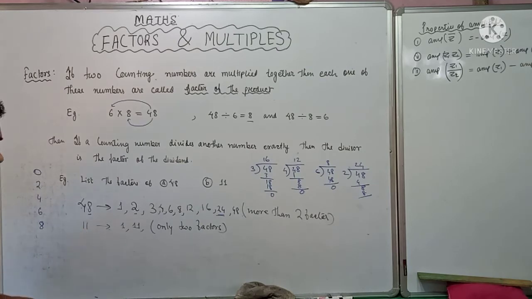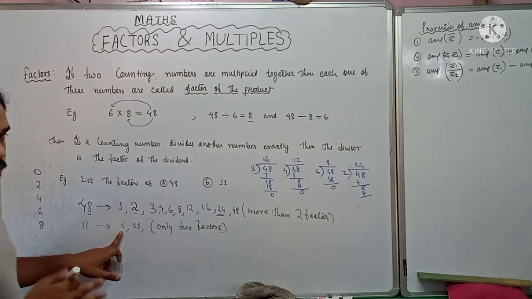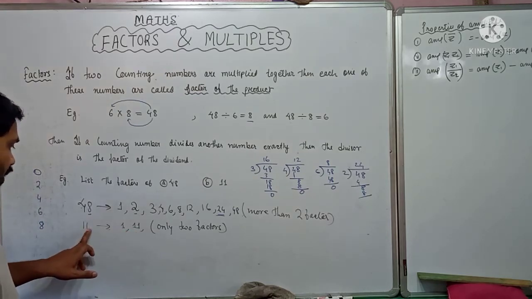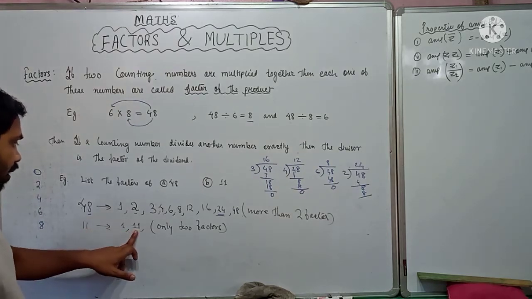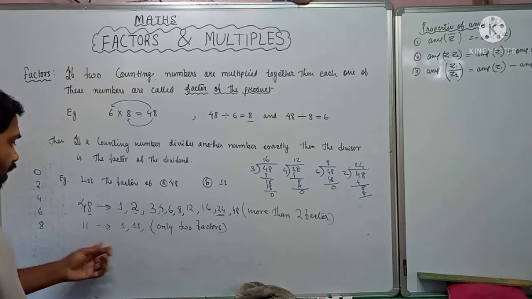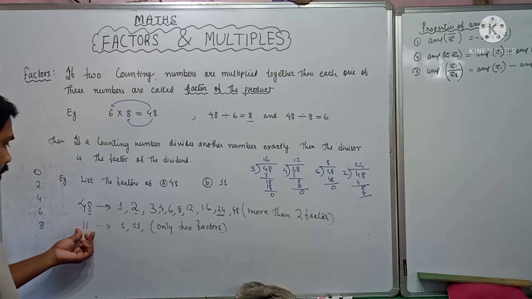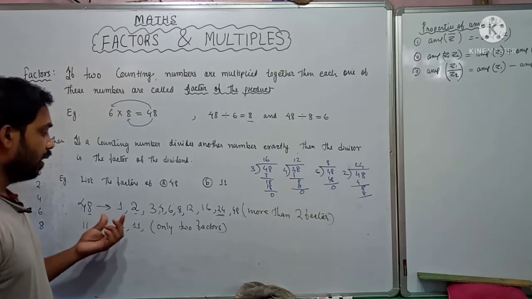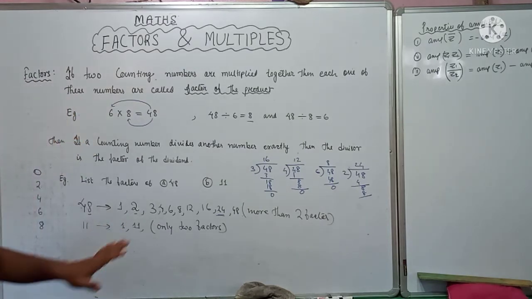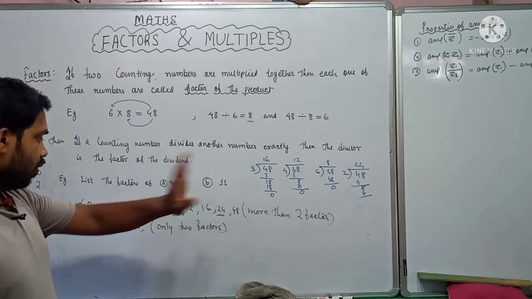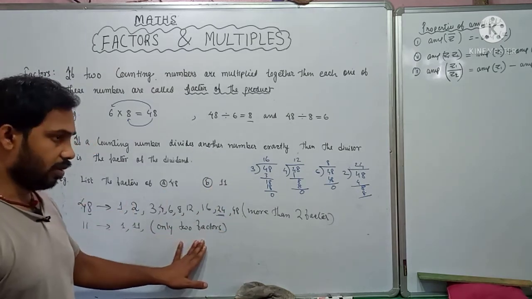Now let's see 11. 1 is a factor of each and every number, so we will write 1 and 11, because no other number in table 11 comes, only 11 comes. So 11 has only two factors, 1 and 11. Now you see here we got one important point, that 48 has more than 2 factors and 11 has only 2 factors.